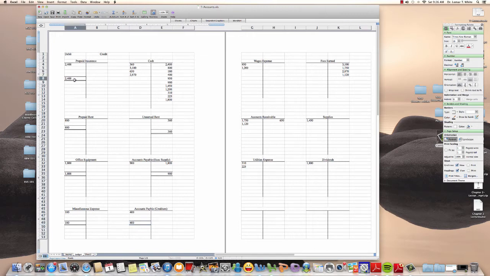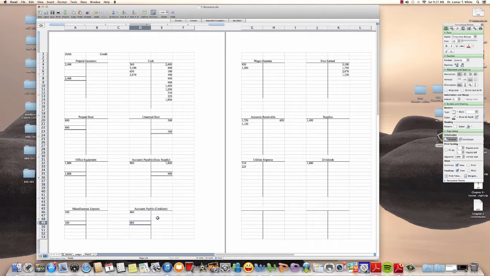These balances we're doing now, like the $2,400 for prepaid insurance, the $800 for prepaid rent, and the $1,800 for office equipment, are the ending balances for this year, and those are going to become the beginning balances next year. So next year, when you start doing your accounts for prepaid insurance, you're going to start off with $2,400 in that account. It does not go away.